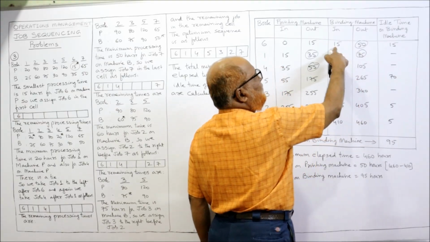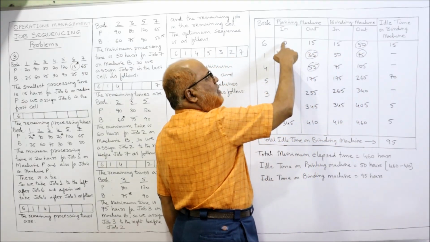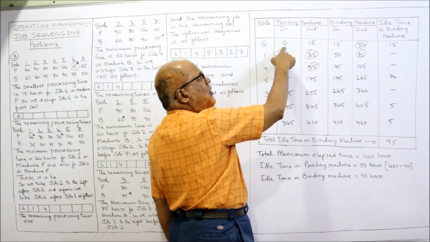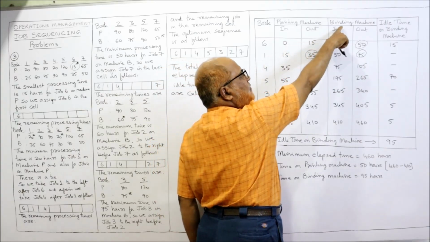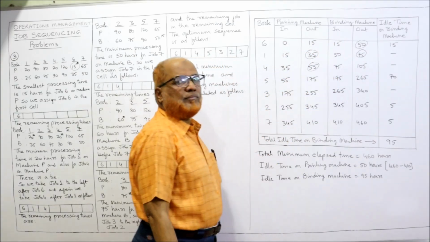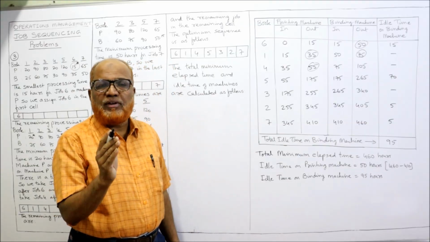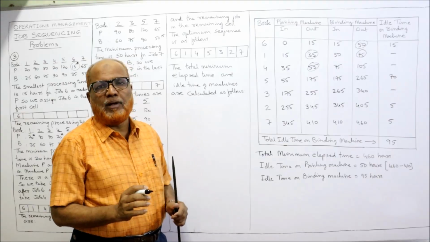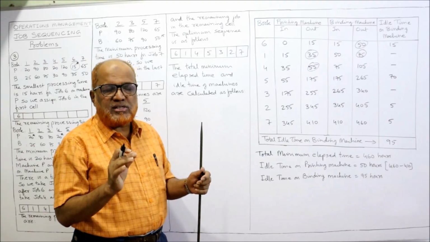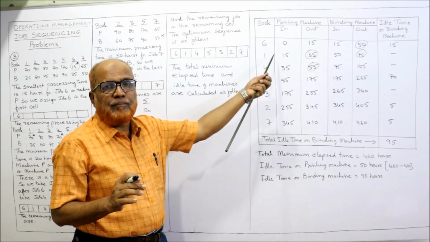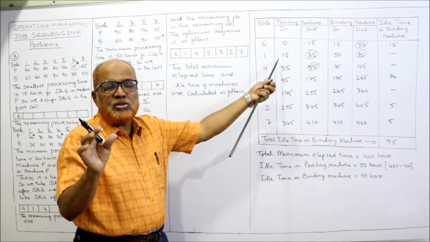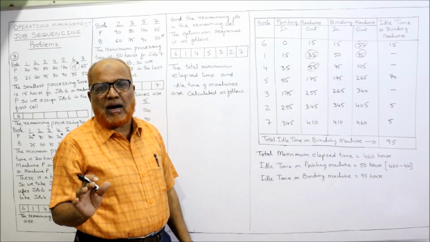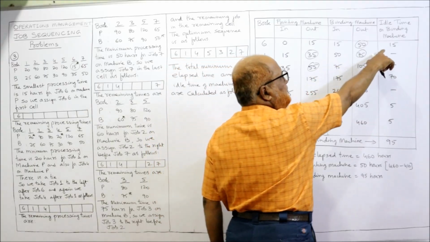Here see, first 15 days, because the work was started at 0 hour on printing, but binding work was started at 15 days. That means first 15 days, the binding machine was idle. Because the first job should be done on printing. So till the time printing is over, the binding was idle. So first 15 days idle.